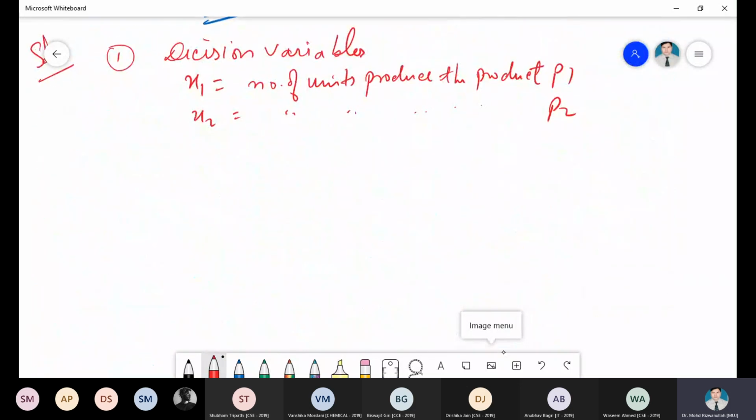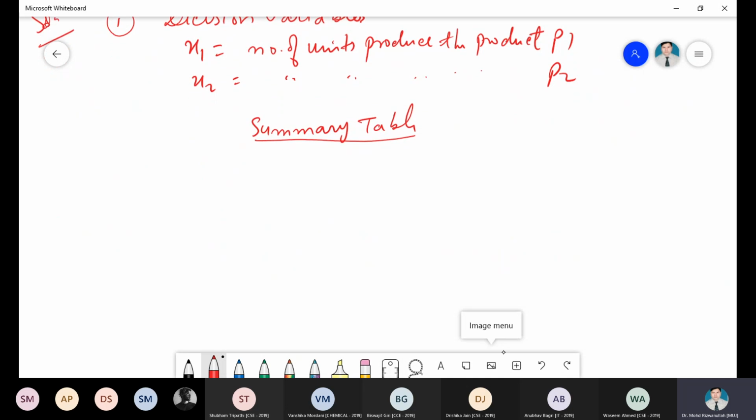How to do that? Now see, I am writing a summary table. This will help you to understand the whole problem. A very simple way, and you have to follow this tradition for most of the problems.